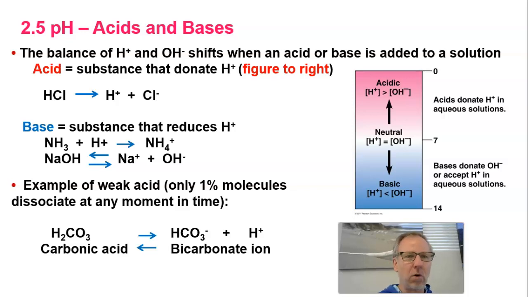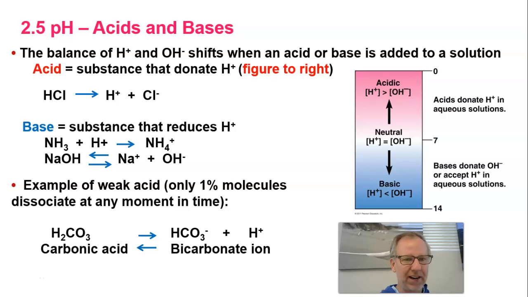On the other side of the coin, a base is any substance that reduces hydrogen ions. So I have two examples here. Ammonia is NH3, that's its formula, and hydrogen ions attach to ammonia. They stick to ammonia. So ammonia is a base because it removes hydrogen ions.